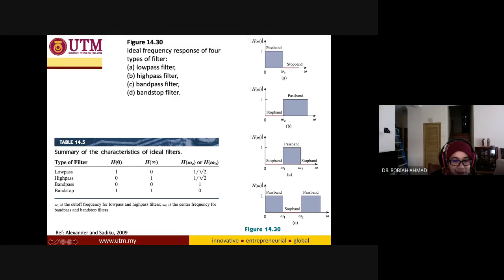For high pass, initially it will be 0 and later it will get 1. For band pass, it is 0 at both the start and infinity, and for band stop it will get 1 at both 0 and infinity. So this is the summary, so that you have some idea what type of filter it is.